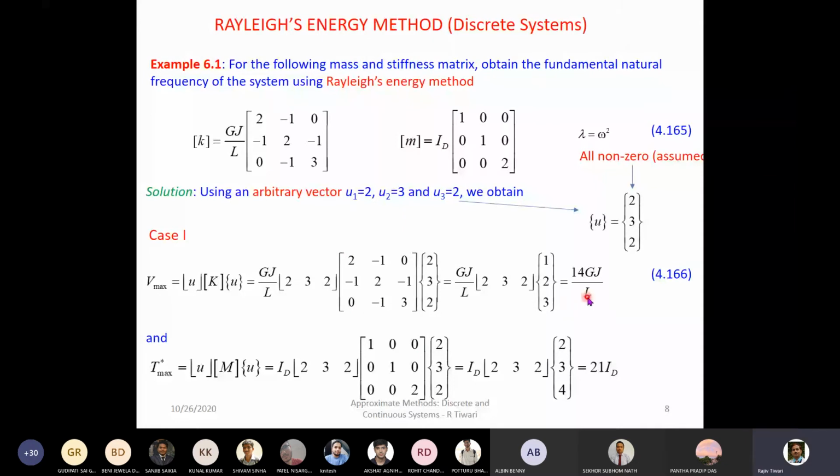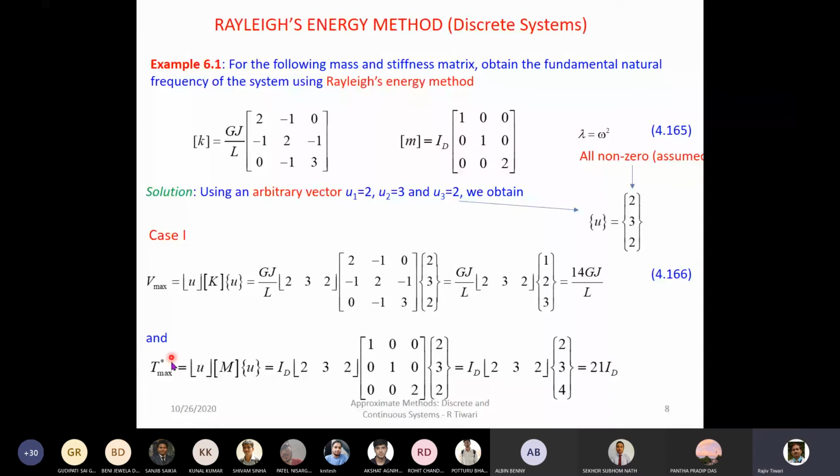Similarly, T max star will be the mass matrix multiplied pre and post by the vector U. If you do the multiplication, we'll get this. So we got the Vmax and T max star.